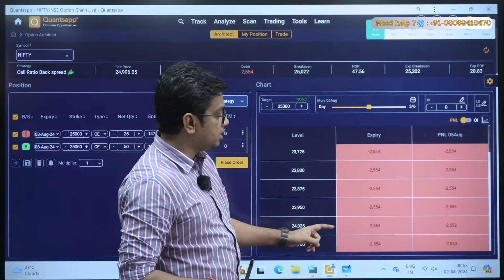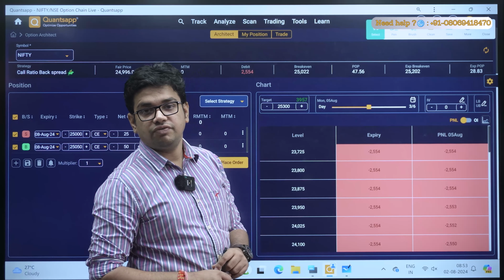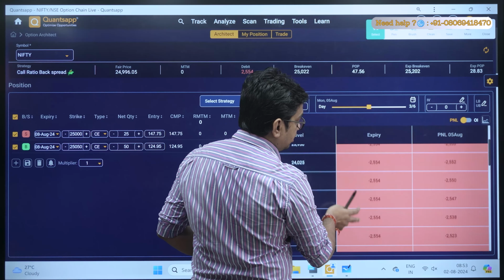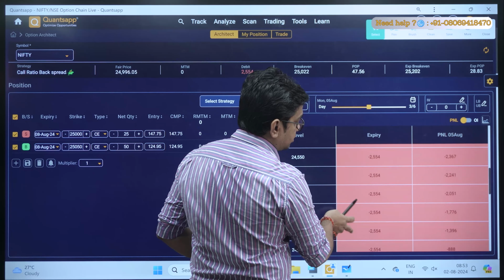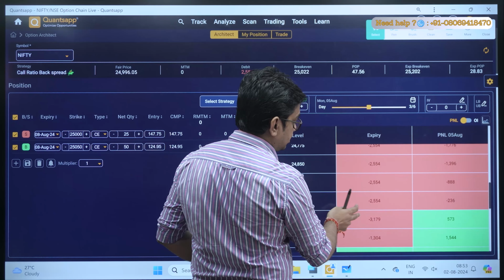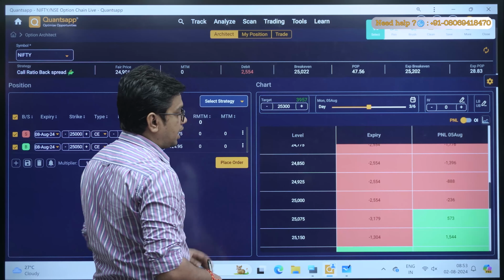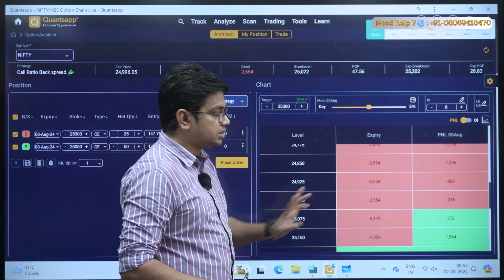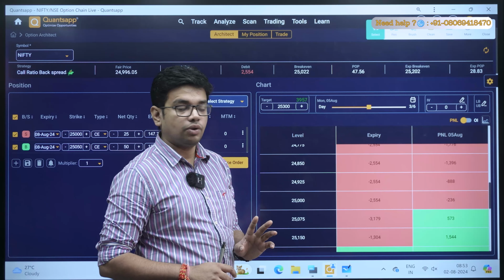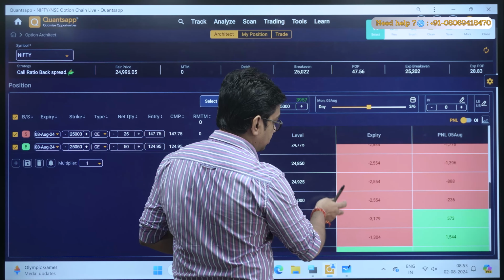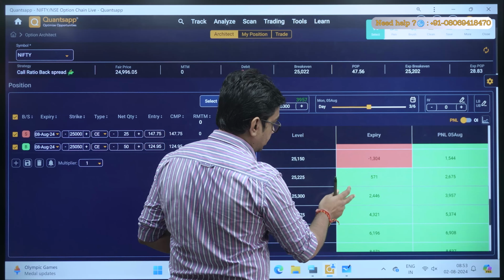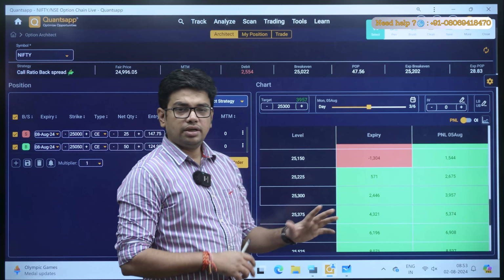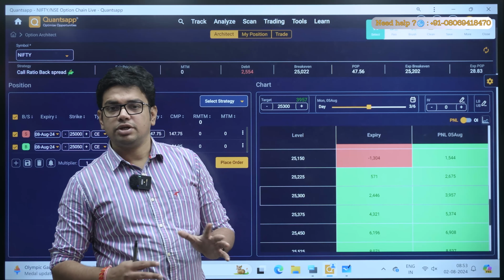My risk over here is -2,554, and what will be the reward? At expiry, if Nifty hasn't moved from the 25,000 level, this is the loss I will get. But what about when it has moved to like 25,300? This is the profit I am getting. So close to like a 1:1 ratio.